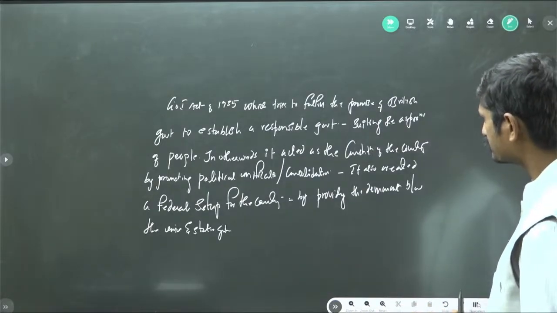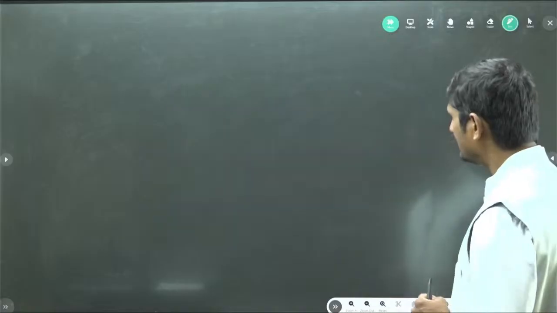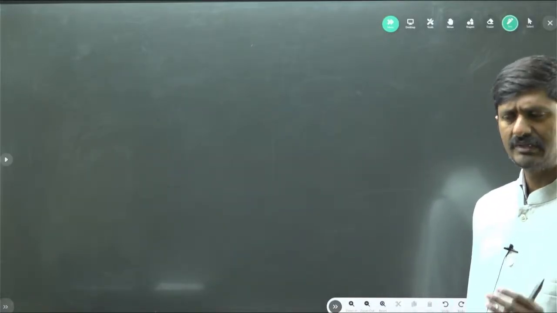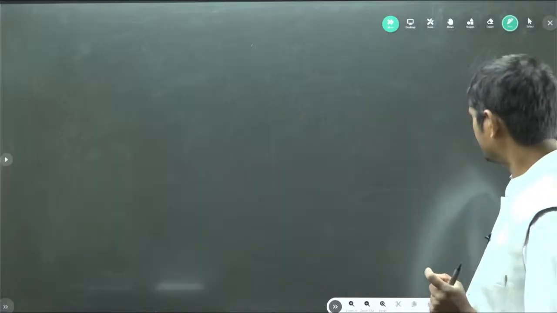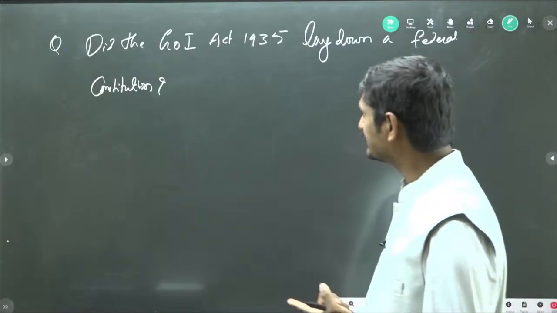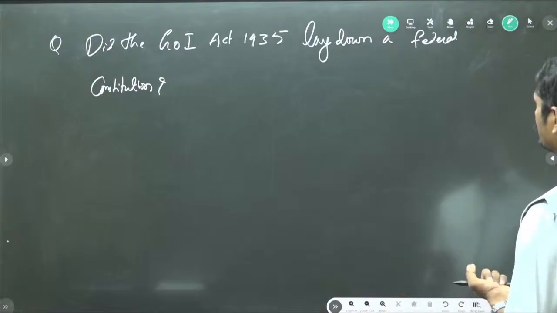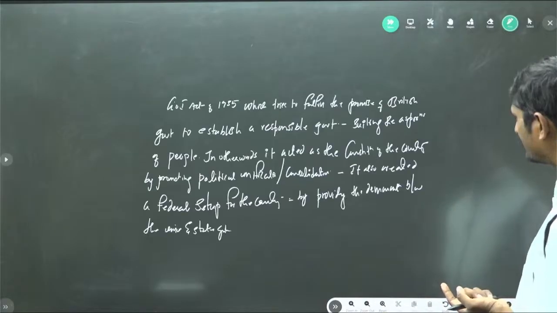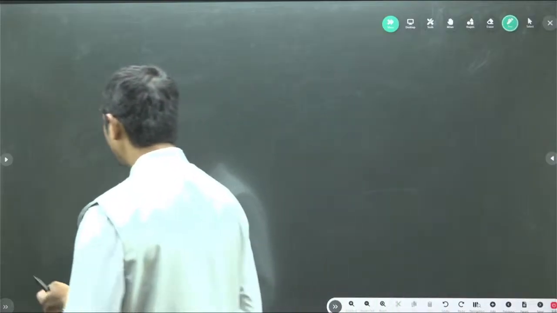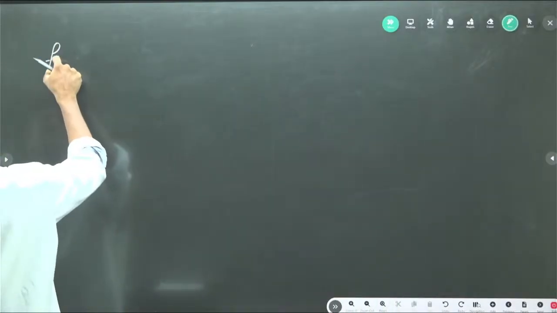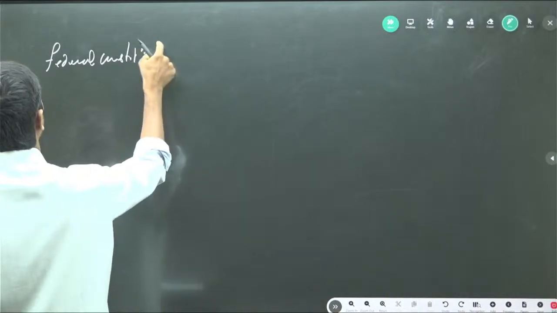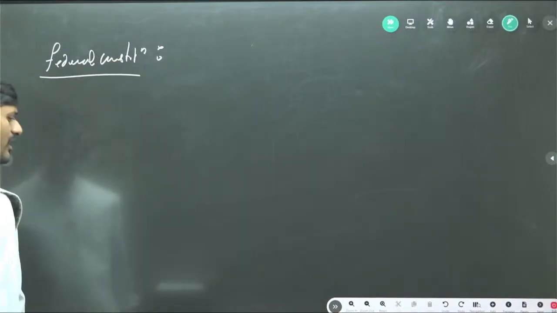Okay, then we need to write how the Government of India Act of 1935 provided the base for the federalism of the country. We need to understand how it laid down the federal constitution, right? Why do we say it is a federal constitution?